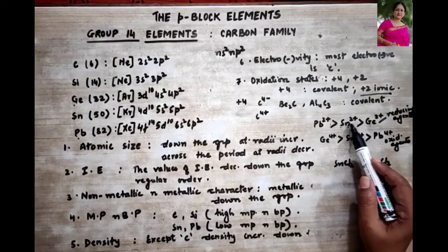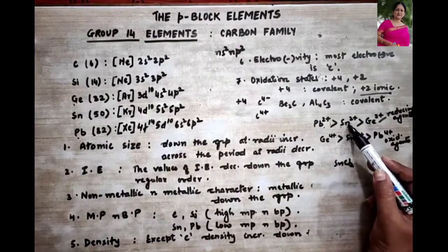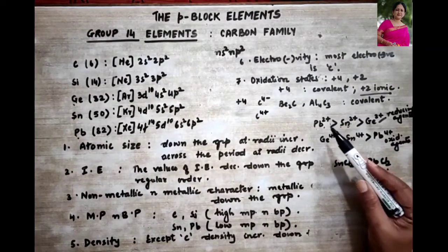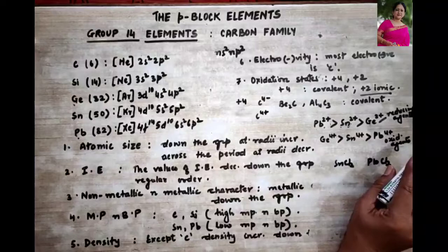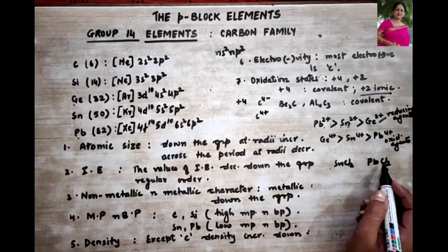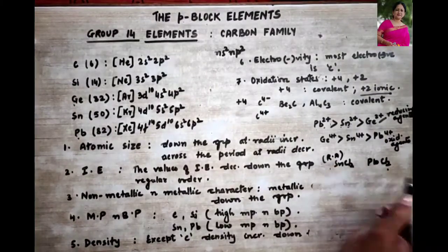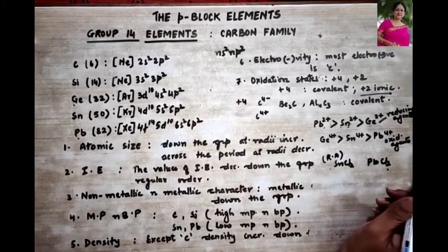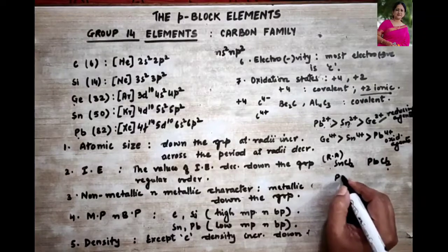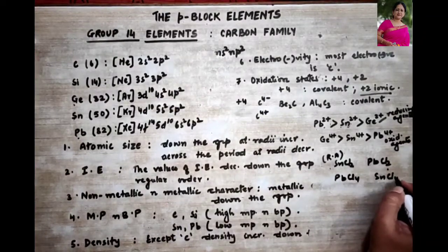SnCl2 is a better reducing agent than PbCl2. Clear? On the other hand, let's see. So let me write it down over here. This is your reducing agent. It is a better reducing agent than PbCl2. Now, let me compare between PbCl4 and SnCl4.